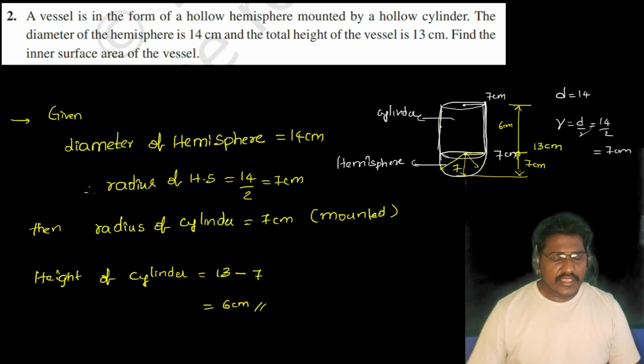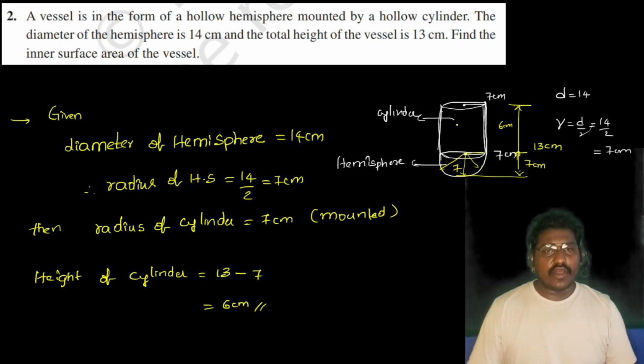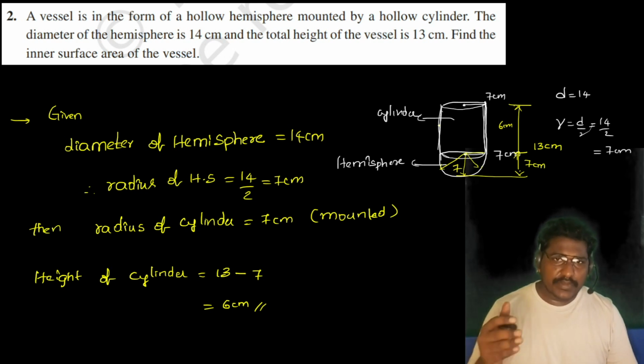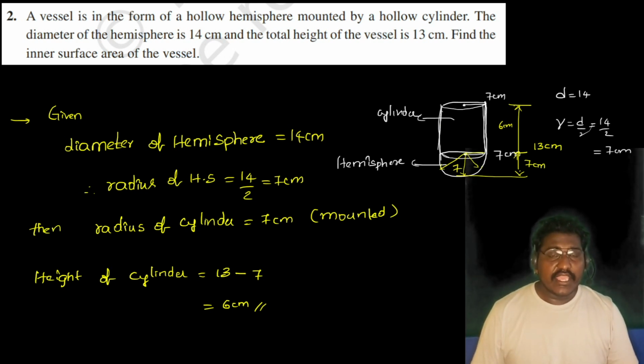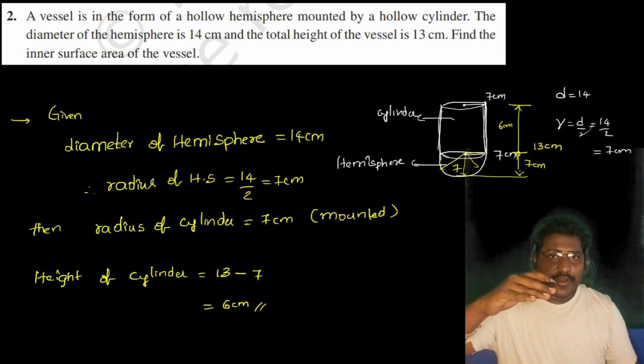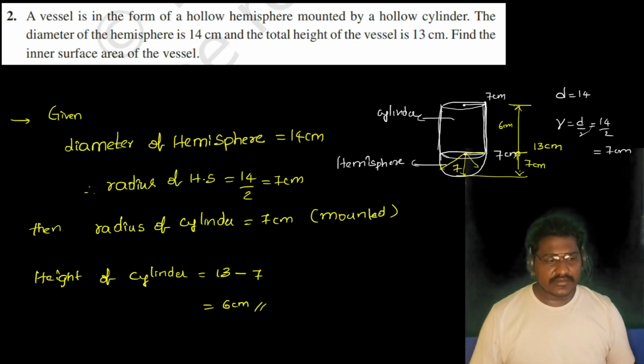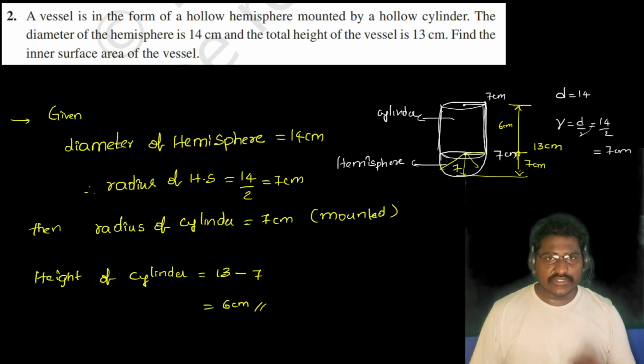Here inner surface means the surface area of cylinder and surface area of hemisphere. We are not bothered about total surface area, because total surface area should be calculated only if we are able to touch the end part also. But it is a hollow cylinder. It was clearly mentioned in the question that it is a hollow cylinder. So we should not calculate total surface area.